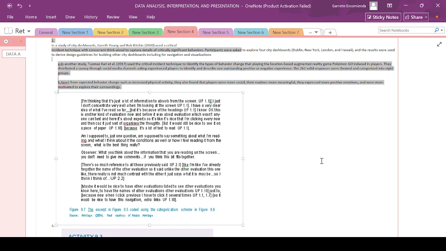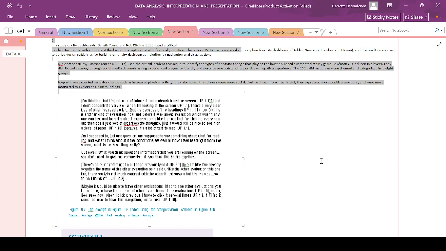In another study, Thomas in 2017 used the critical incident technique to identify the types of behavior change that playing the location-based augmented reality game Pokemon Go induced in players. They distributed a survey through social media channels, asking experienced players to identify and describe one outstanding positive or negative experience. The 262 valid responses were themed and categorized into 8 groups.